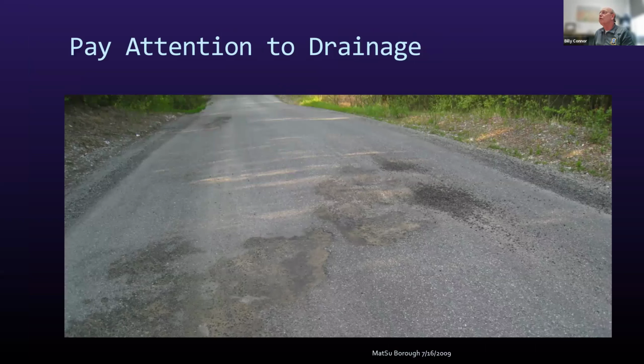Okay. The other part is we really want to make sure that we pay attention to drainage. This is a photo down in the Matsu where they put a chip seal down. The drainage got across the road, it softened the base course, and all the money that they spent on that nice chip seal ended up being damaged, and they had to come back and redo it.